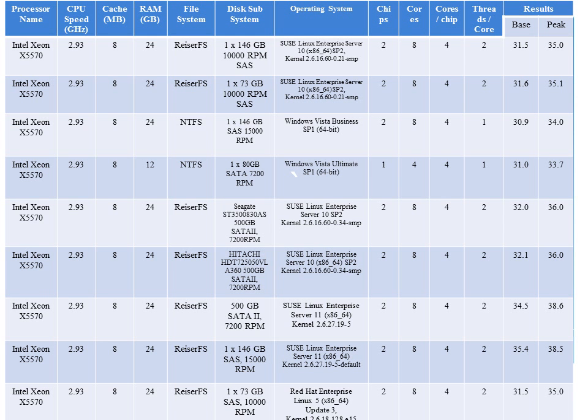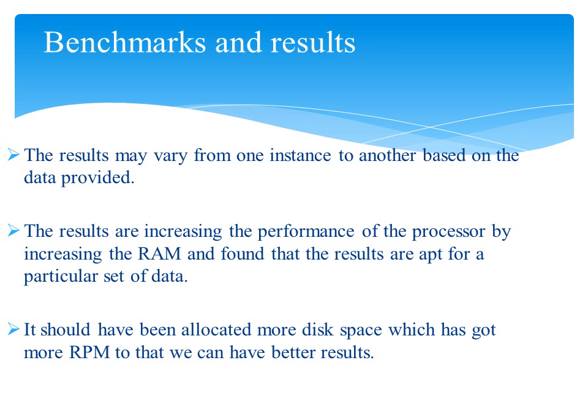And you can see the total tests and the results in this table. Here we gave different RAM sizes and different file systems with the help of different cores on our Intel Xeon X5570. By seeing these things, you can observe that the results vary from one instance to another based on the data provided.